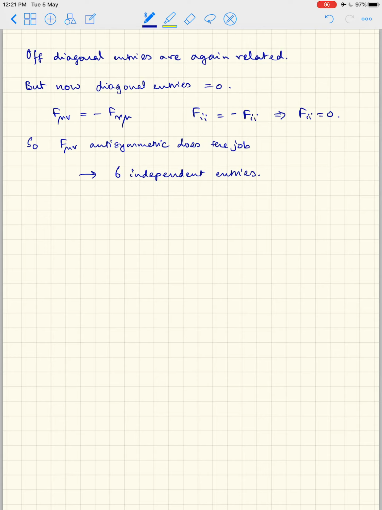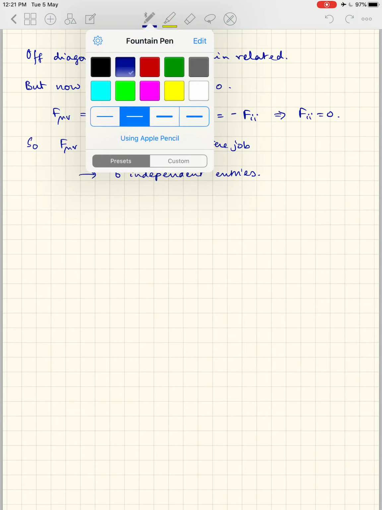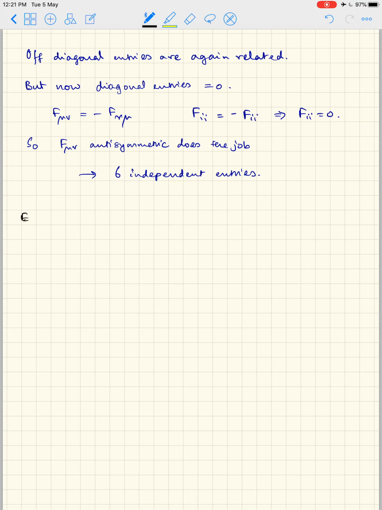To use some fancy language, do not get scared by this. This is called the electromagnetic tensor. You should not get spooked by this term. It's just a 4x4 matrix.